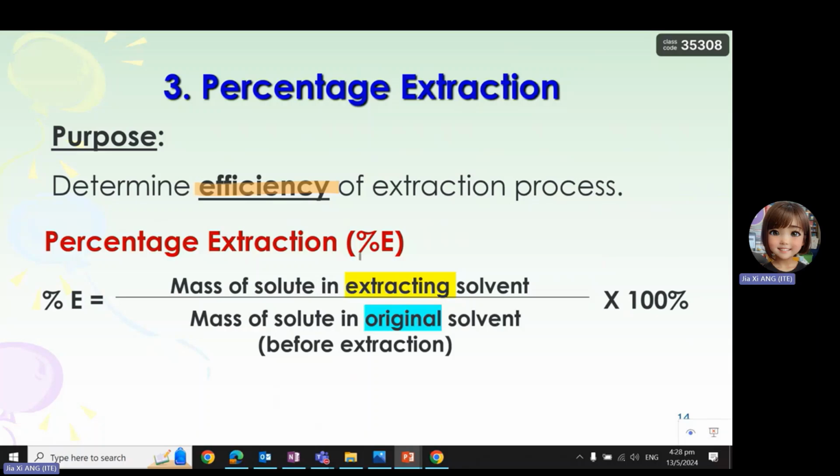To find the percentage efficiency, we take the mass of the solute in the extracting solvent, that is what we extracted out, divided by the mass of solute in the original solvent before extraction, that is how much solute was there originally, times 100%. You'll get your percentage extraction, and the unit will be percent.